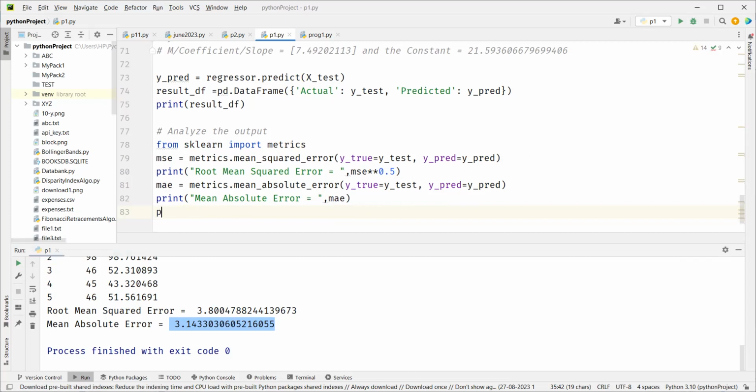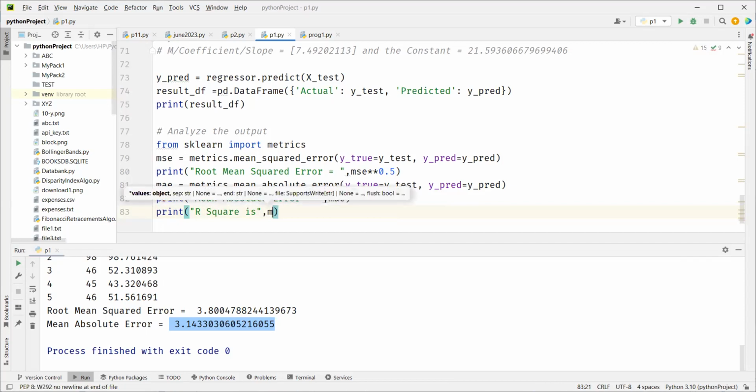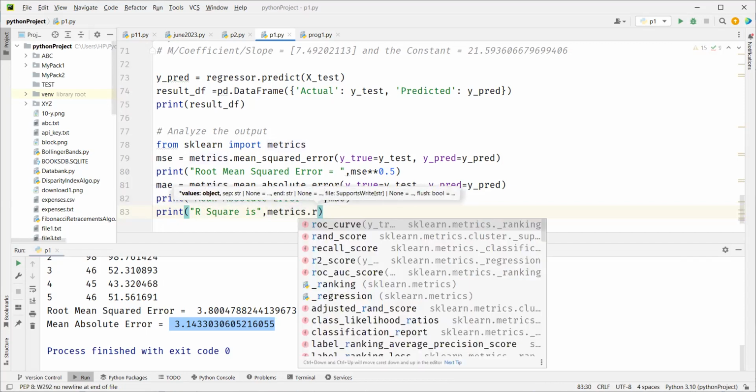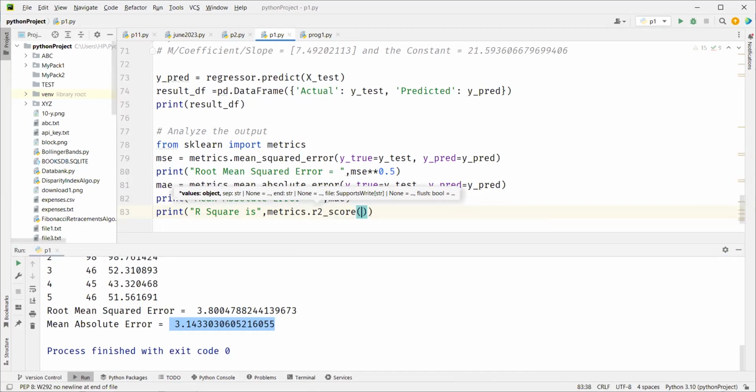So now I'll say print R square is, comma, metrics dot r2 score, R square score.